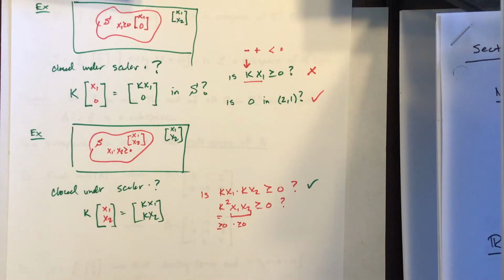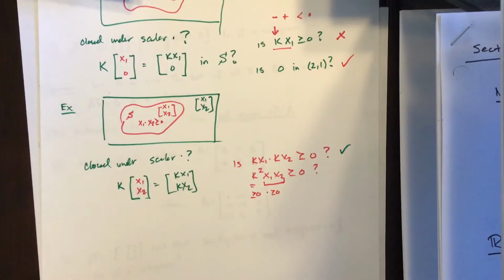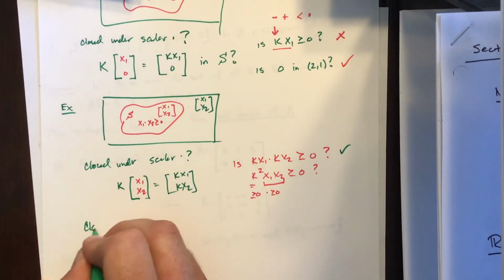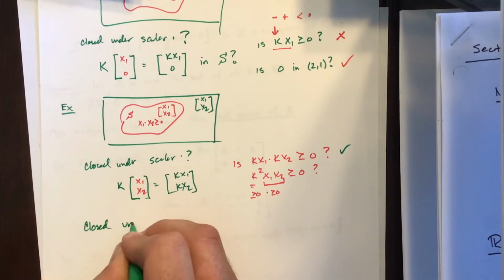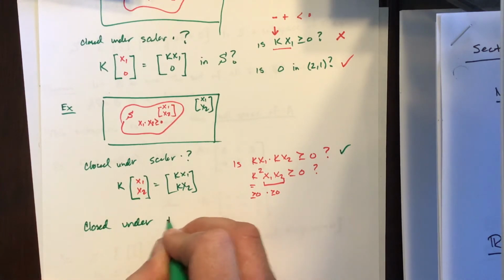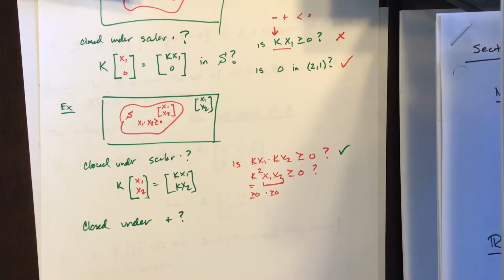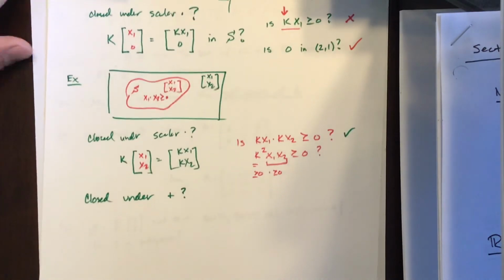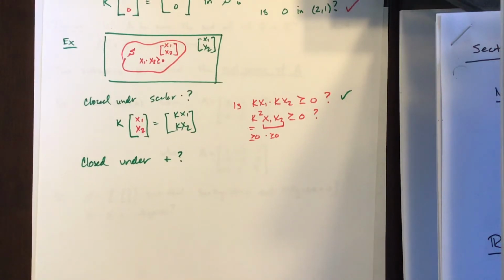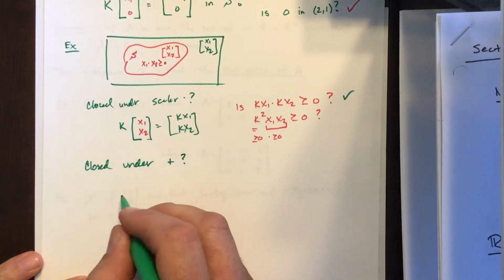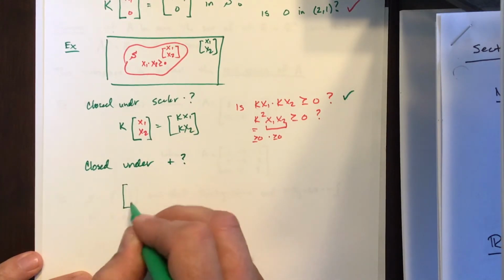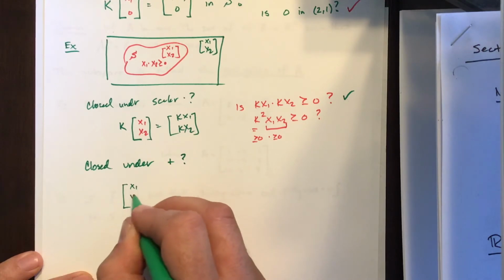So we're closed under scalar multiplication, but what about closed under addition? This one will be a little more difficult to demonstrate. So you can start by looking at two generic elements. Let's let this be x1, x2.